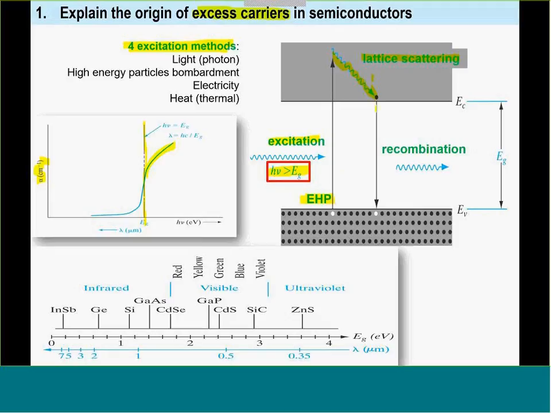After they recombine with holes, you have your radiated photons. Since it's a band-to-band recombination, the energy is equal to the E gap. Basically, in a direct semiconductor, you get the photon that corresponds to the E gap.